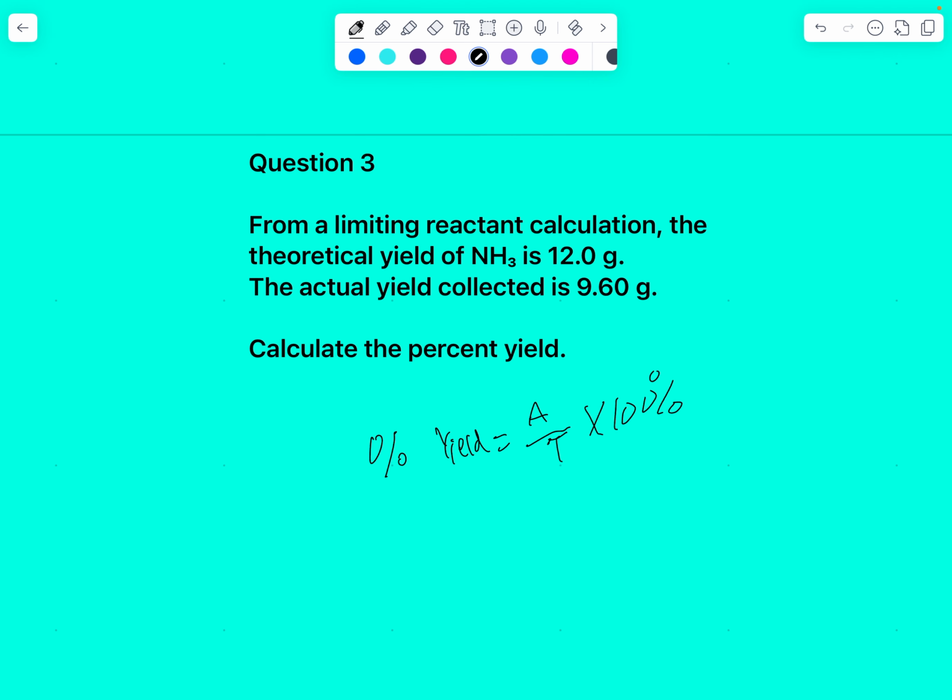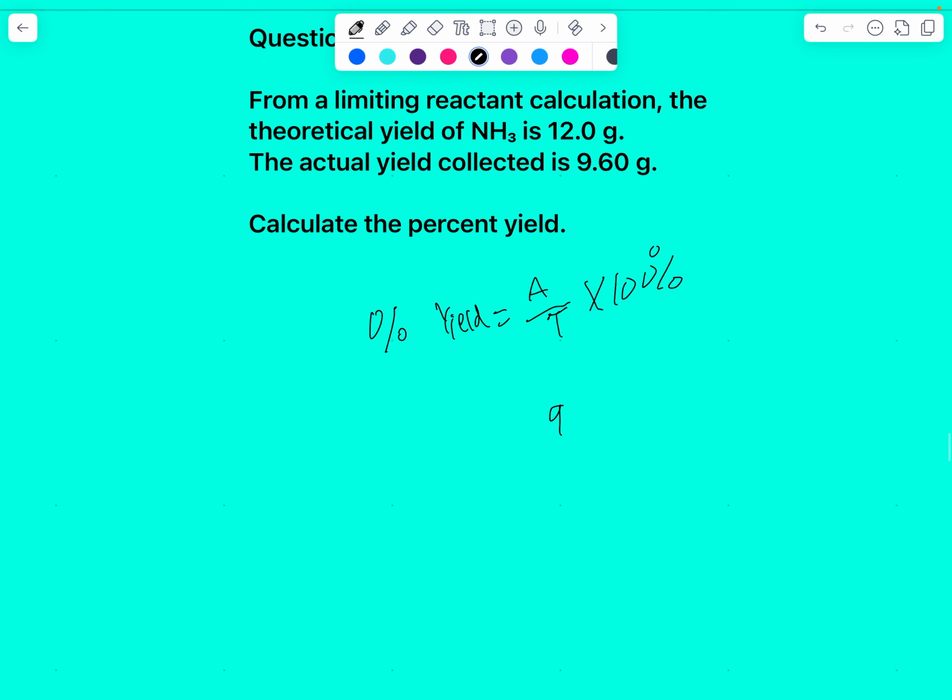So I know my actual yield is 9.60. I know my theoretical is 12.0 times 100%, and then that would be 80.0%. Once theoretical yield is known, percent yield is straightforward.